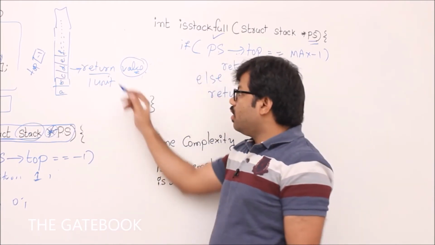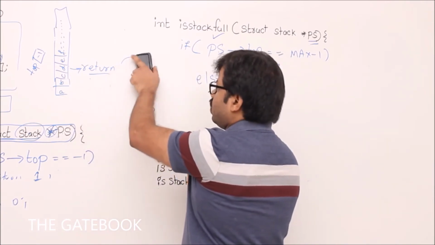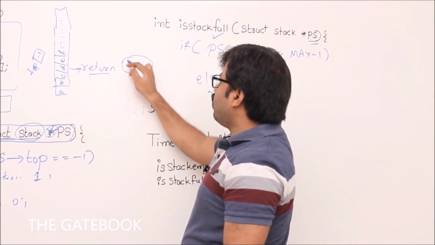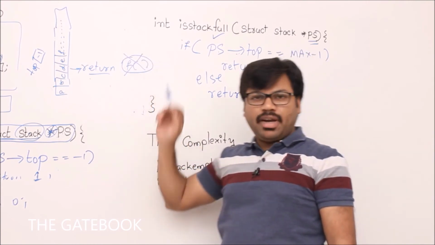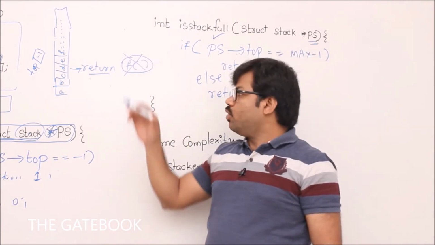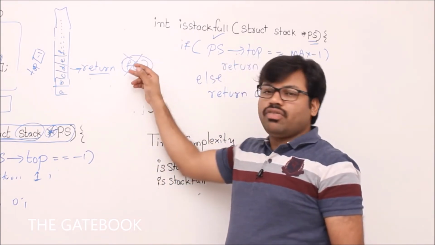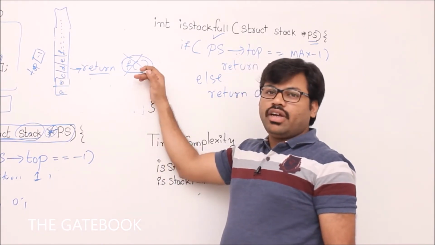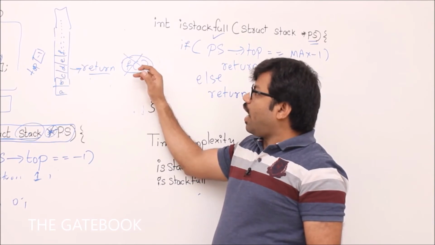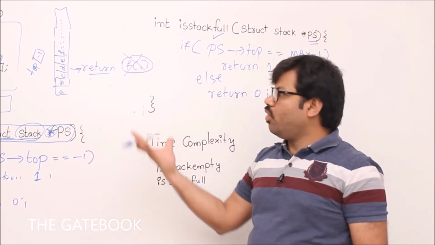But sometimes people again get confusion. Sir, in this return, I have a function call. Yes, but to compute that function call, it might take a lot of time. So what you do is first compute that function call and calculate the time complexity of that. Then you add that to the time complexity of your overall thing.